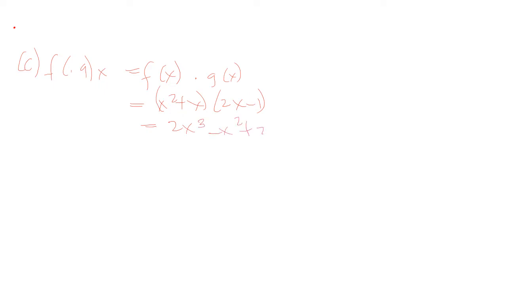Letter C, f times g of x equals f of x times g of x, equals x squared plus x times 2x minus 1, equals 2x cubed minus x squared plus 2x squared minus x, equals 2x cubed plus x squared minus x.